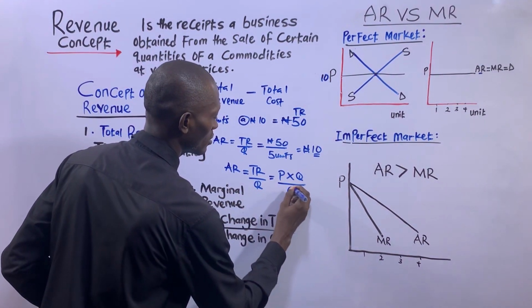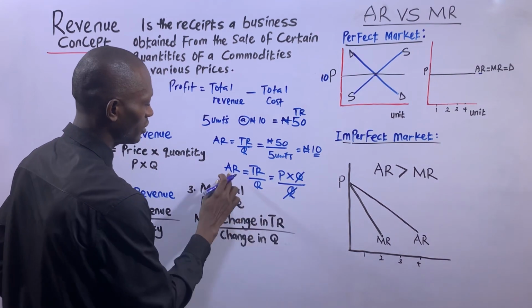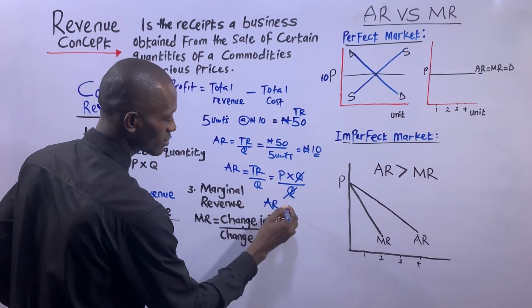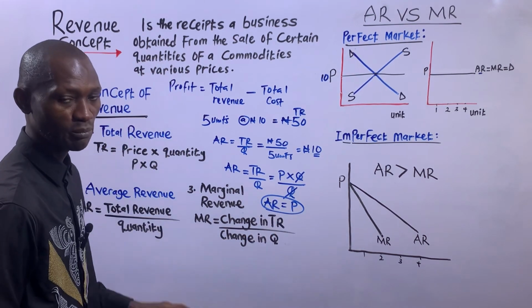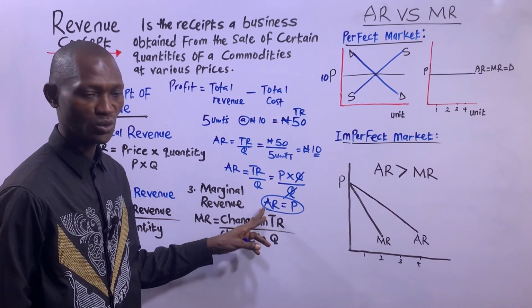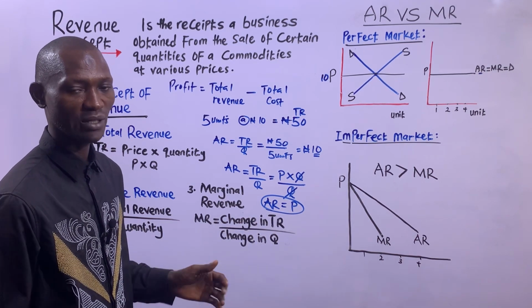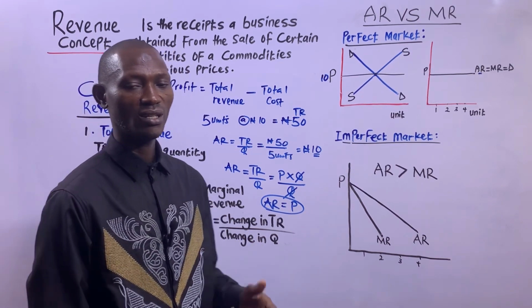Then Q cancels out Q. Then you have your average revenue equals price. This proves that average revenue is always equal to the price in any selling environment or market situation that a firm finds itself.